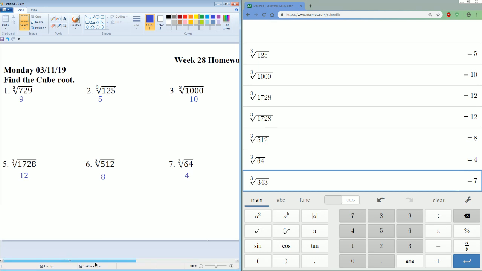Now, if you want to check it, let's check this one. How do you get 1,728?